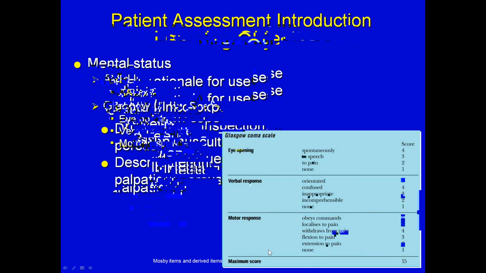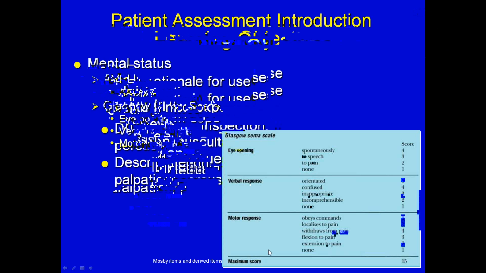If they are unresponsive to pain, then they are, again, unresponsive, which is the worst of the 4 conditions. So AVPU is a very quick and easy way to determine mental status, and if they are awake or they do open their eyes to voice, do they know who they are, where they are, a general idea, time, and what happened.